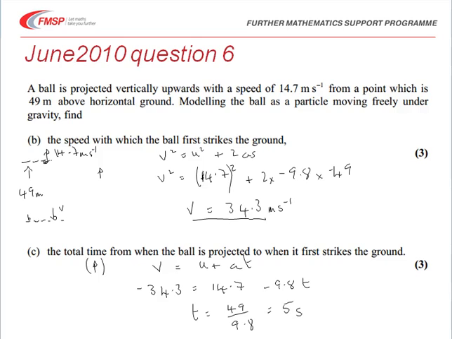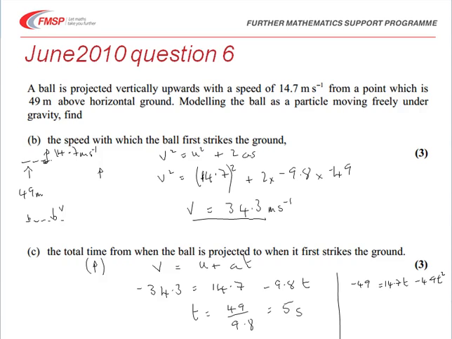This could also have been done by using s equals ut plus a half at squared. So this would have been given then as negative 49 is equal to 14.7t minus 4.9t squared. And solving that would have given you two values.